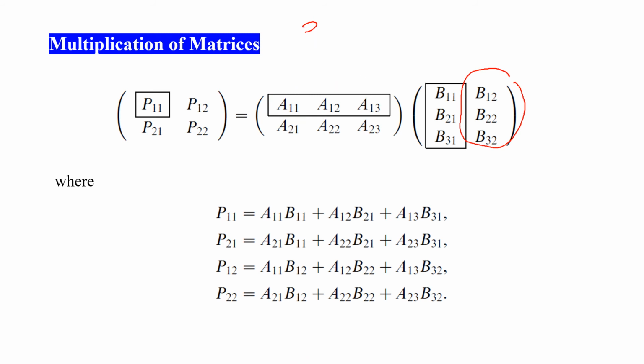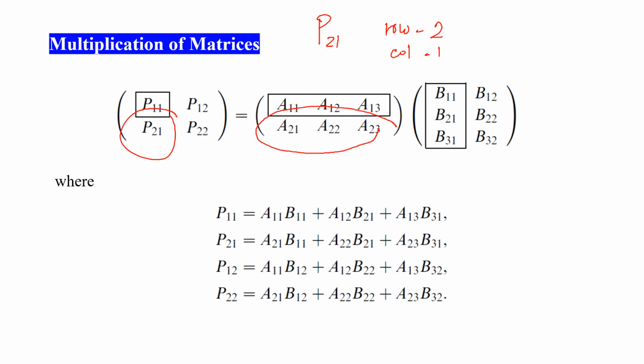Next, we can get your P21. For your reference, P21 has row 2 and column 1. So we look at your second row and your first column.